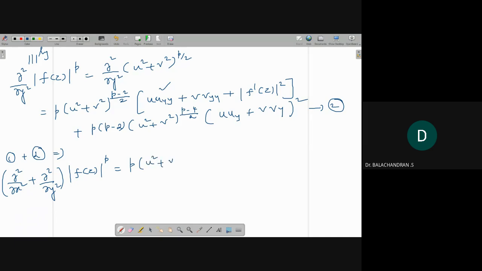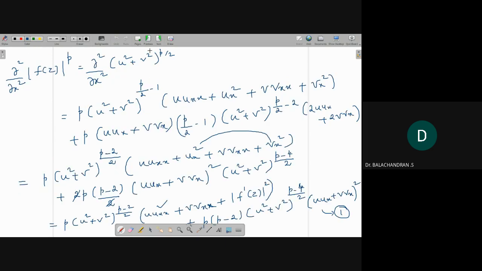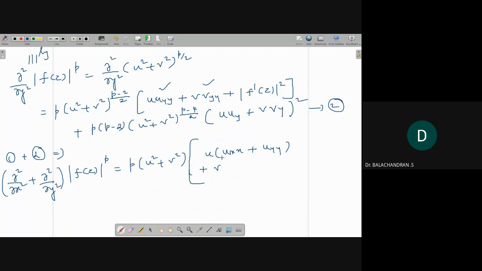If I take this is common, u into uxx plus uyy. I think this is common. So u into uxx plus uyy. Similarly, plus v into p into vxx plus vyy.